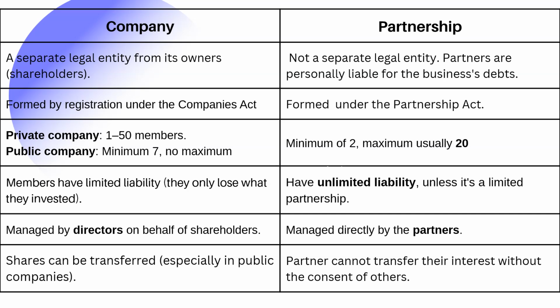On the side of the company, it is managed by the directors on behalf of the shareholders. On the side of the partnership, the other difference is that it is managed directly by the partners. And then finally, shares can be transferred, especially in public companies. There is that emphasis there.